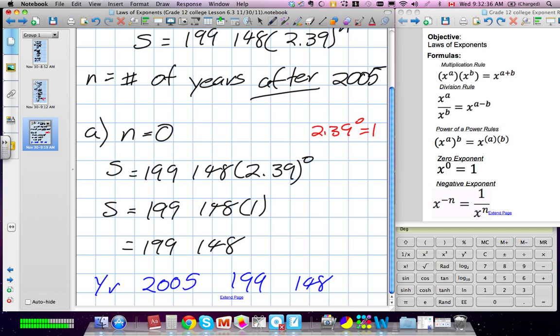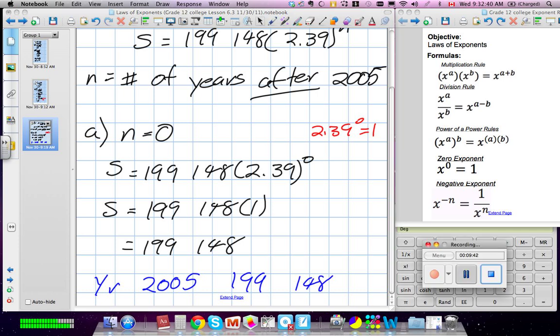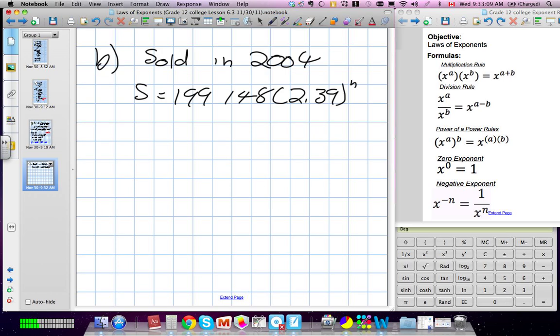Okay. Question B says they want you to evaluate how many vehicles were sold in the year 2004. Okay? Now recall that n is the number of years after 2005.